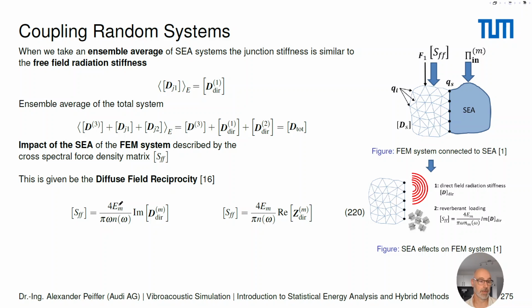It is given by the energy, the modal density, and the imaginary part of the free field radiation stiffness, or the real part of the impedance. So that means this is the first hint to how we do statistical energy analysis, because we have an expression that creates the loading just from the energy and the radiation into this field.